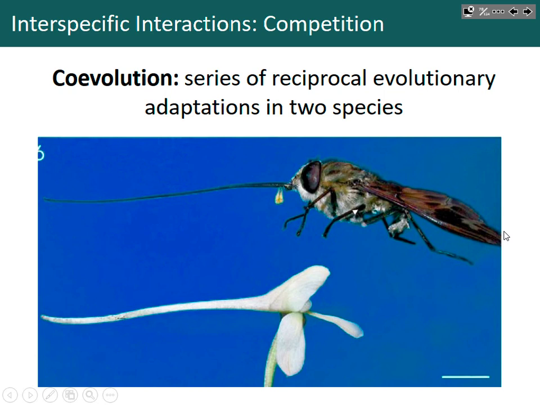And so we see these species that are moving forward through evolutionary time together. And that means that if something happens to one of these species, there's an impact on the other. If this moth were to go extinct, how is this flower going to get pollinated, right? So when we start to think about community ecology, we're thinking at this next level where we're really starting to think about how these interactions play out and how species affect each other.